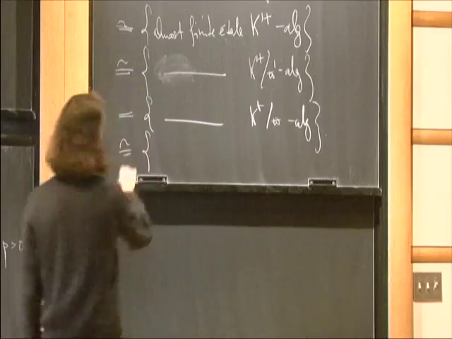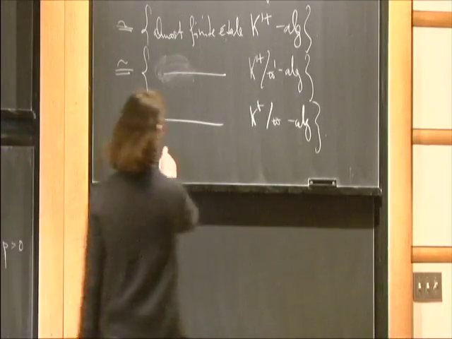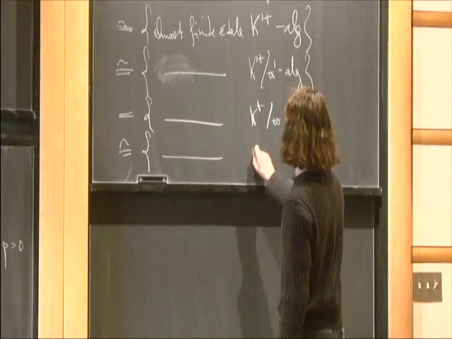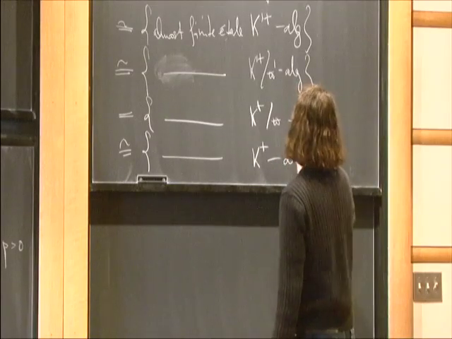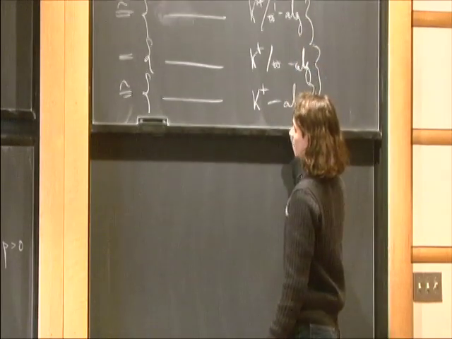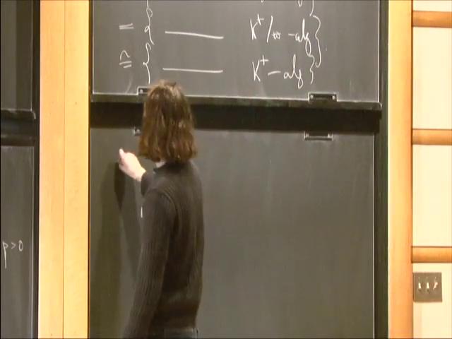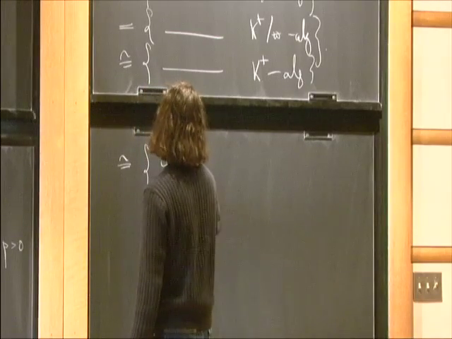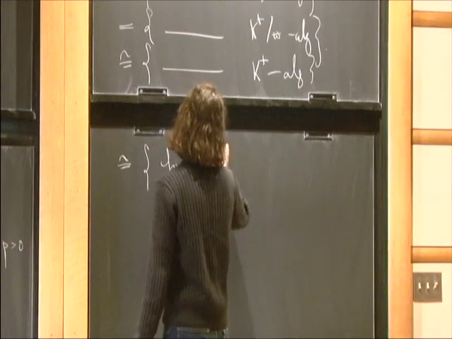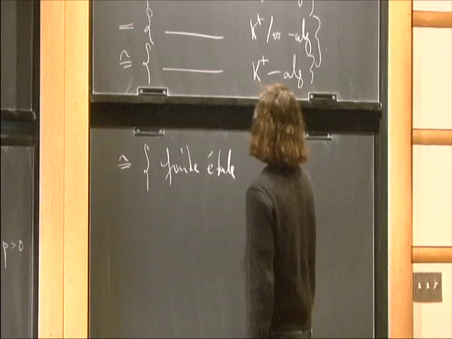Which again you can see by this lifting of almost finite étale covers as a category of almost finite étale K plus algebras. And then finally you see again that this is the same as the category of finite étale K algebras.